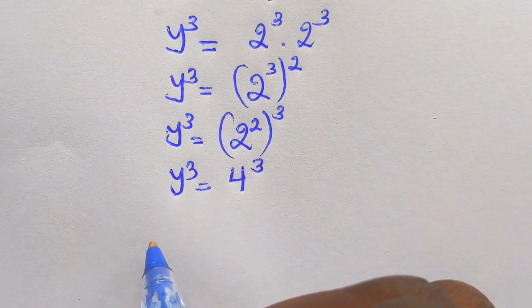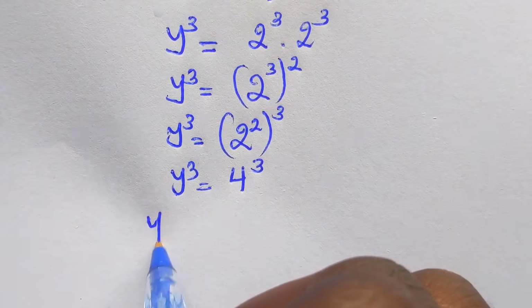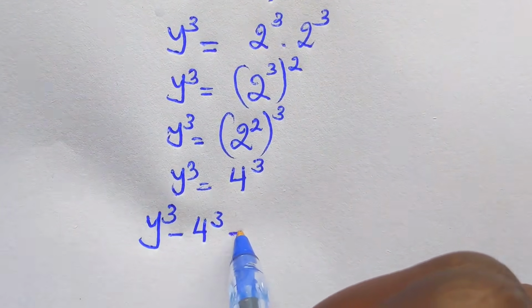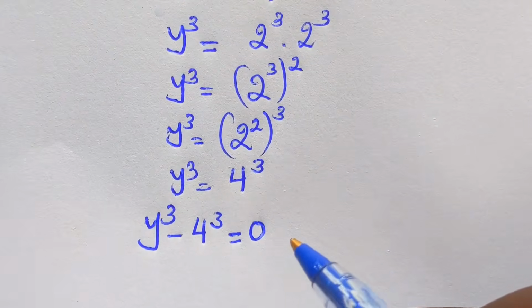And by grouping right terms, we shall get y^3 minus 4^3, which equals 0.